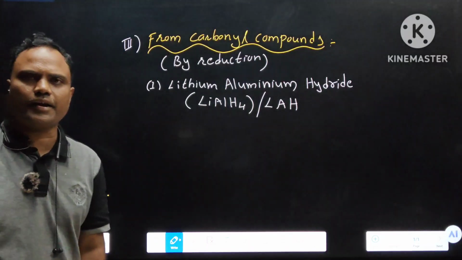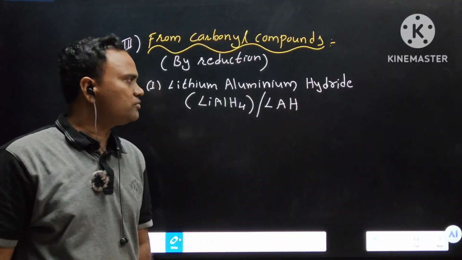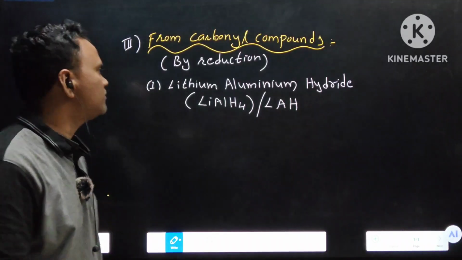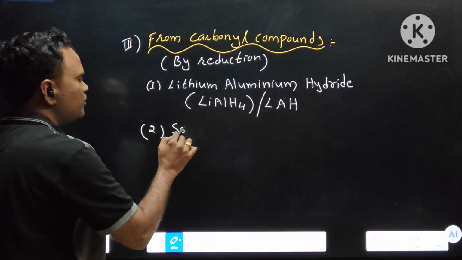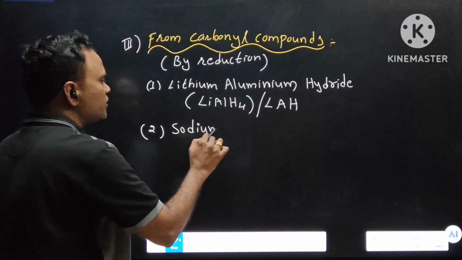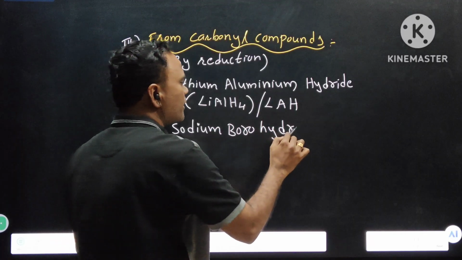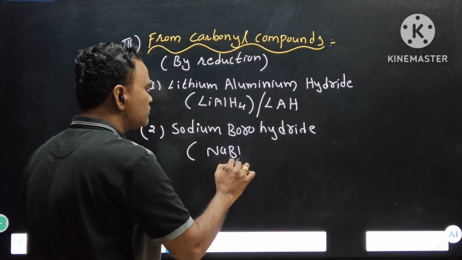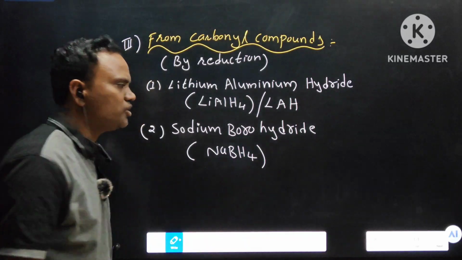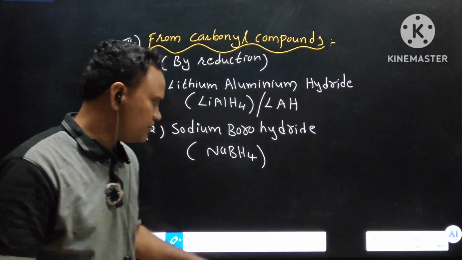And the second reducing agent, sodium borohydride, NaBH4. Very important reducing agents in organic chemistry.